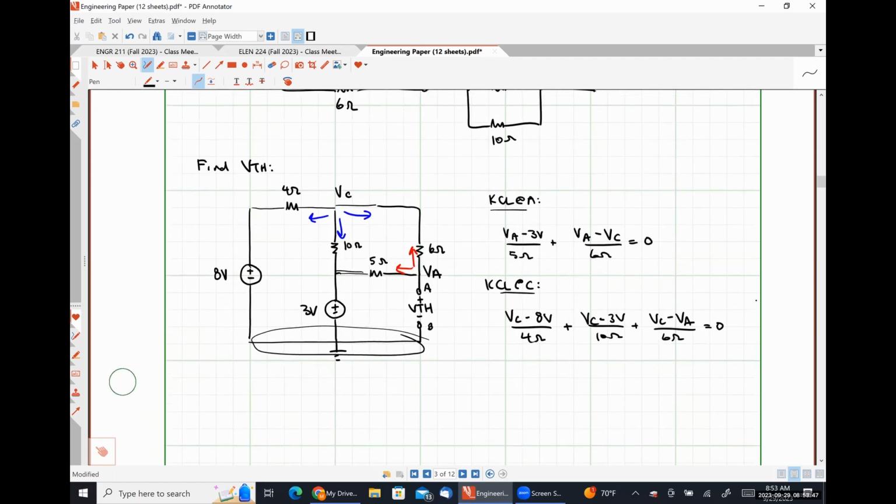Right? So solving it as a 2 equation, 2 unknown system, my coefficient for VA in my first equation is 1/5 plus 1/6. My coefficient for VC in my first equation is negative 1/6. My constant term is going to be 3 volts over 5 ohms, so I'm just going to put that as 3 over 5. In my second equation, my coefficient for VA is negative 1/6. My coefficient for VC is 1/4 plus 1/10 plus 1/6.